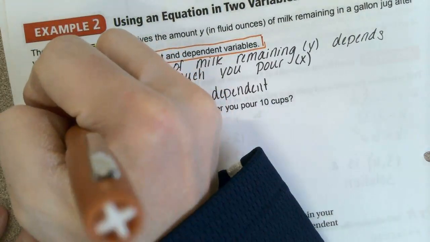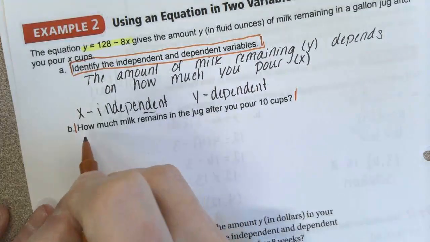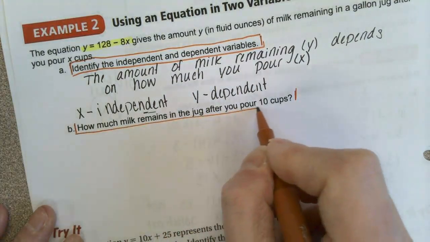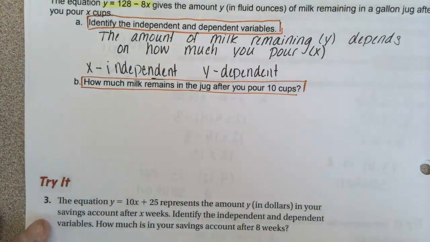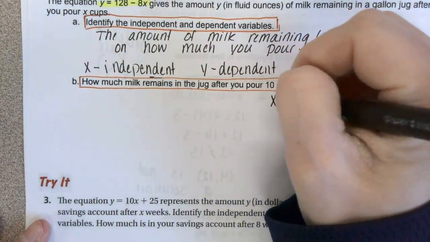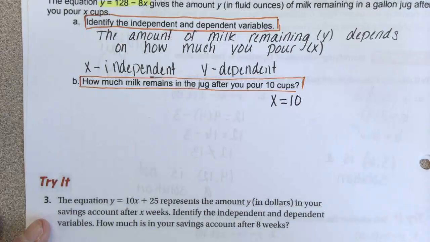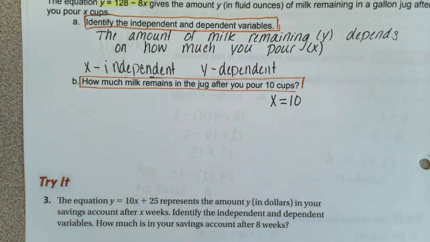Okay, the next part of this question is asking how much milk remains in the jug after you pour 10 cups. So this is saying if x equals 10. So if x is 10, what's left over? What is y? If we pour out 10 cups, how much is left?